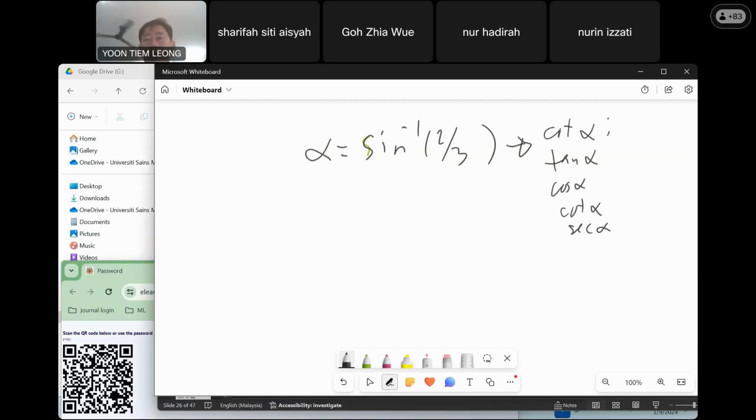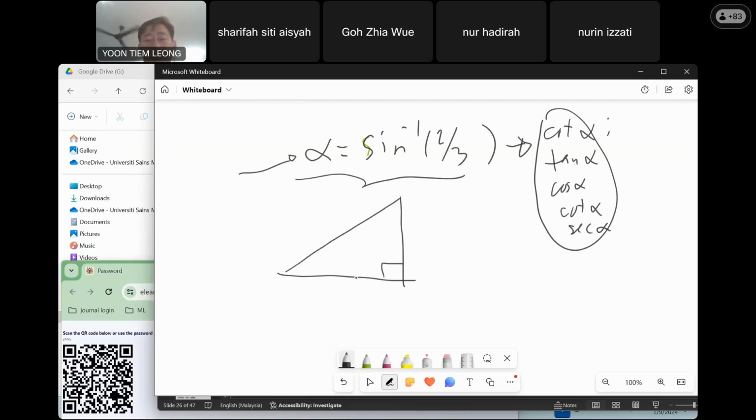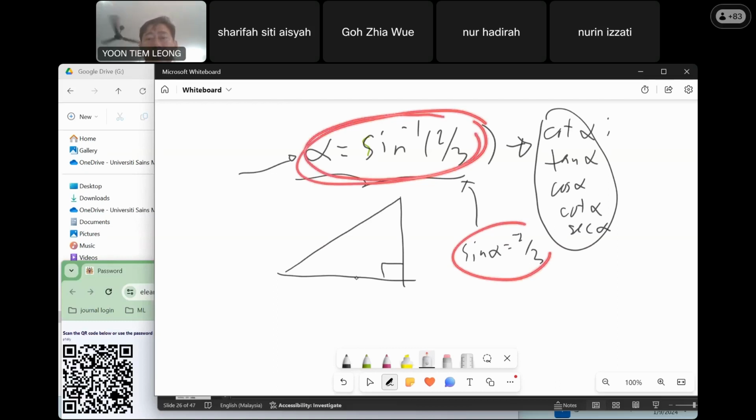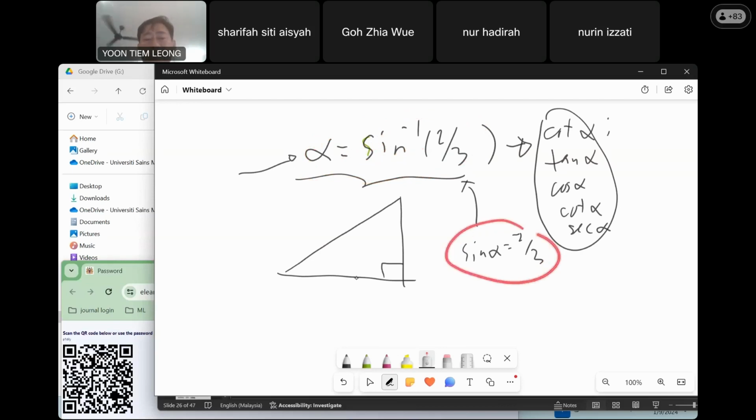Okay. So how do you find all these trigonometric functions of alpha? You first convert this inverse trigonometric function into a right triangle. You construct a right triangle. Then you understand that sine of alpha should be equal to 2 over 3. These two are the same statement. This is a statement in terms of the inverse trigonometric function, and this is the equivalent statement in terms of the trigonometric function.